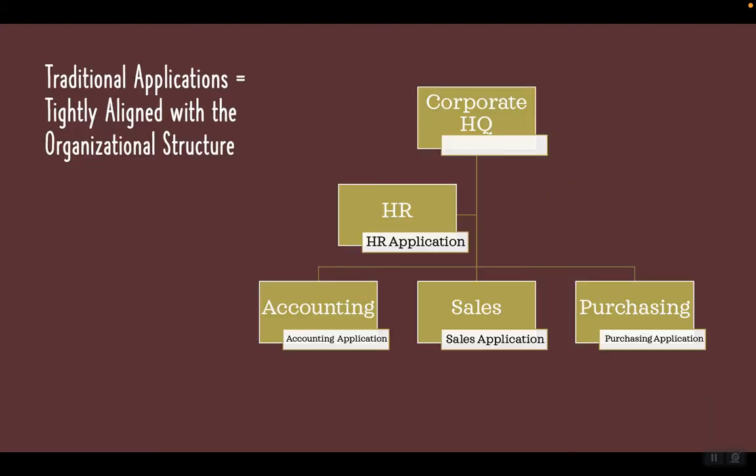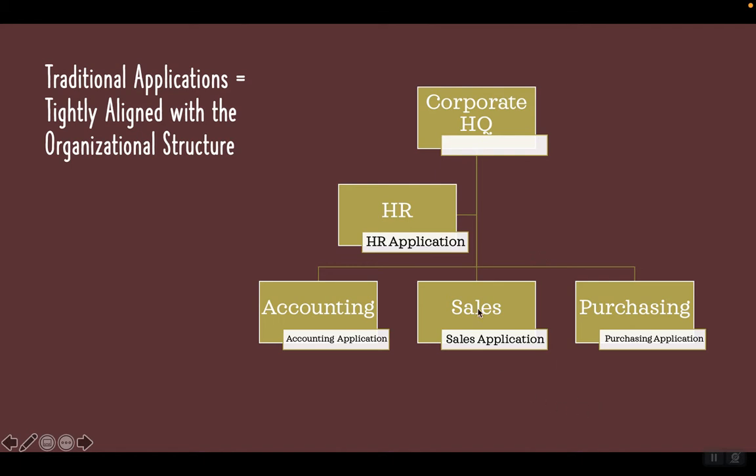All right. So as we said, our traditional applications were aligned really with the organizational structure. Organizational structure was everything. All right. Looking at your span of control and the way each department was operating.